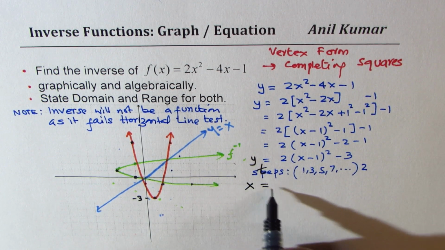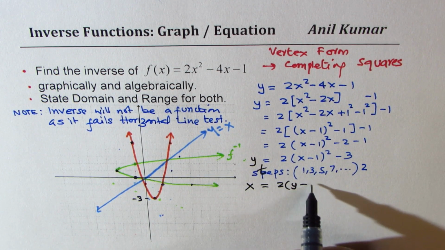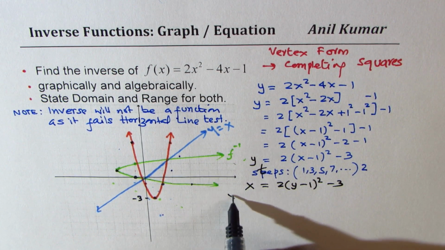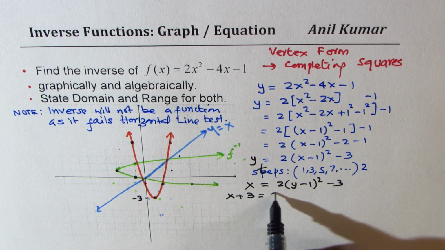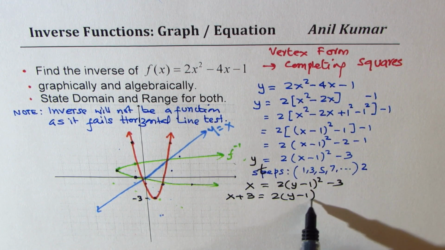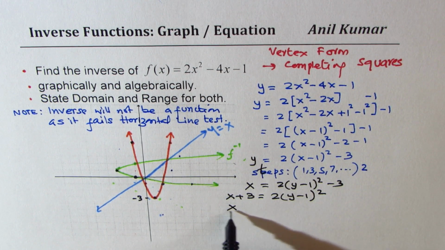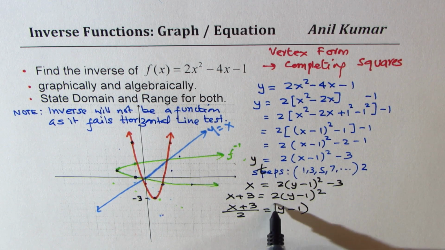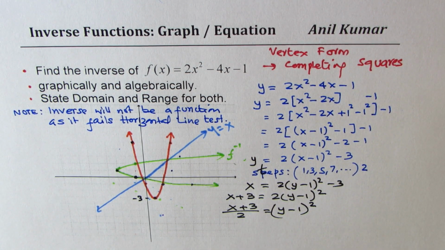I'll rewrite this as x equals 2 times y minus 1 whole square, minus 3. Bring 3 to this side, becomes x plus 3 equals 2 times y minus 1 whole square. Now divide by 2. So we have x plus 3 divided by 2 equals y minus 1 whole square. Correct?